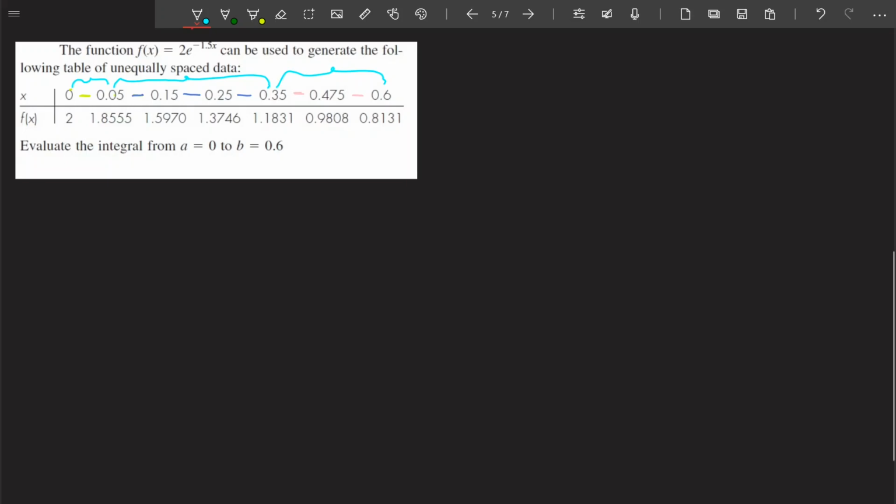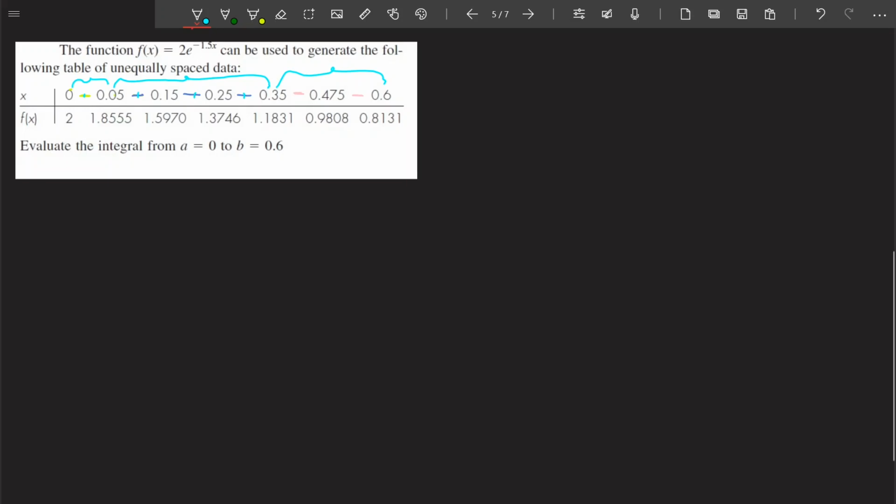Now we have to decide where we are going to apply the trapezoidal rule, where Simpson's one-third rule, and where Simpson's 3/8 rule. Between these two points there is only one segment. Between 0.05 and 0.35 there are how many segments? 1, 2, 3.